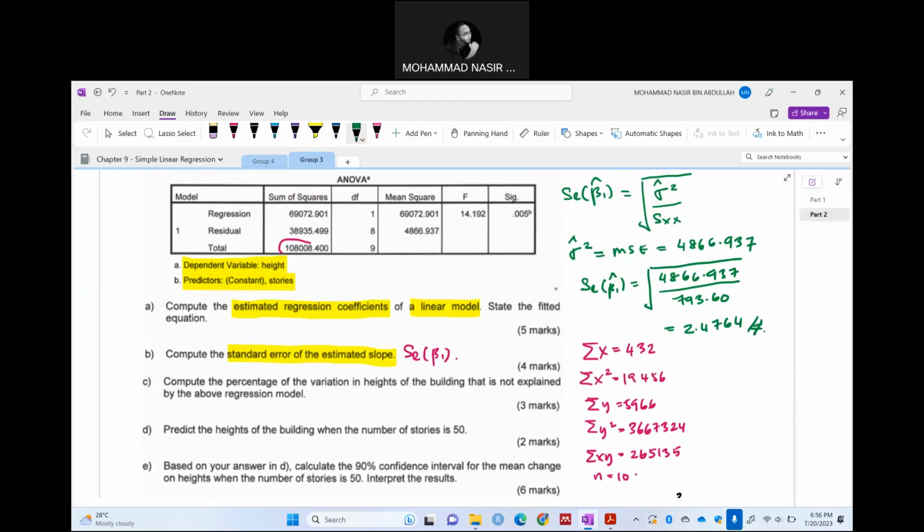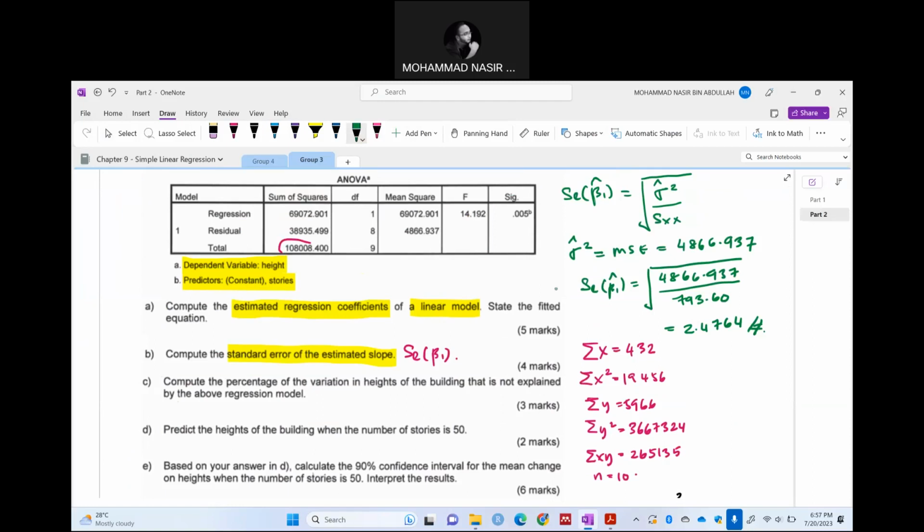This is 4 marks. Simple kan? Sama macam test 1, test 2. Right. So question 2, B and C and D, right? Simple kan? It's a repeated question. Just tukar alpha saja. Kalau salah, ya?